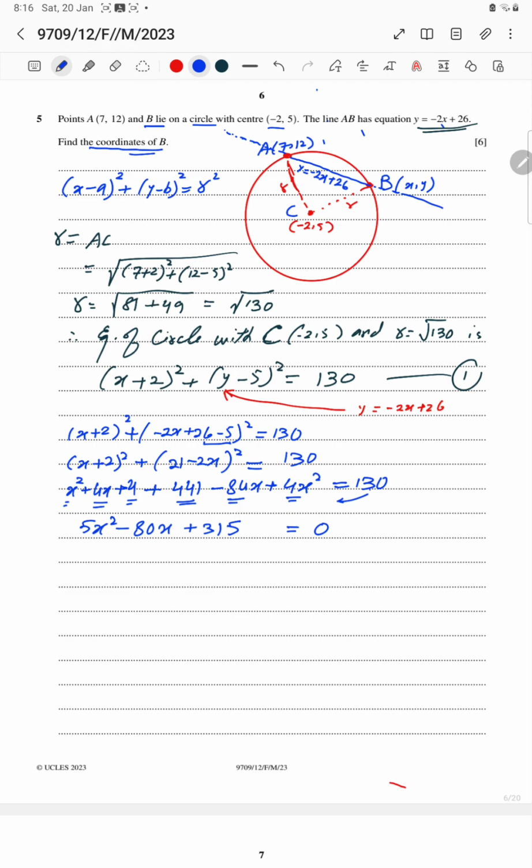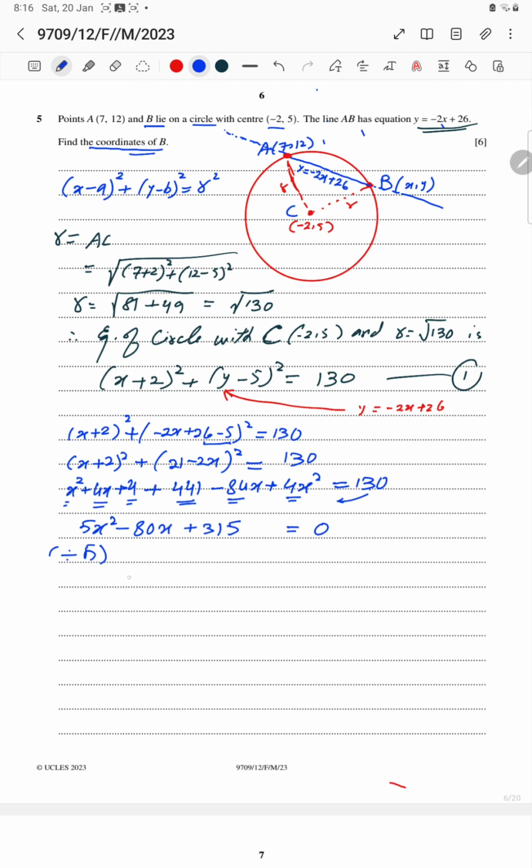Now, further we can simplify it, or directly you can go with the mod, using mod of inverse 5 and 3 to apply the quadratic formula. Or further I can divide it by 5 because I know it can be further simplified.